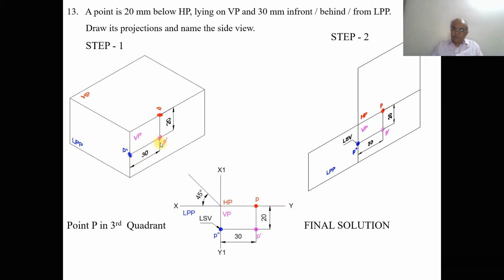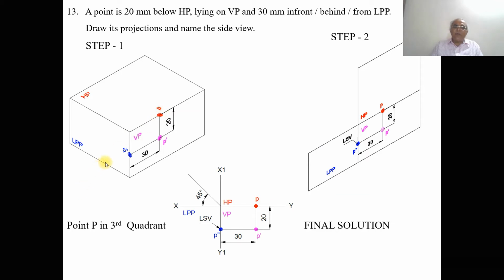When you look from the top view, since it is lying on VP, obviously it will be on the XY line, so the image will be on HP. So the point small p is on HP, and the distance behind LPP is seen in HP also. You can see this distance.